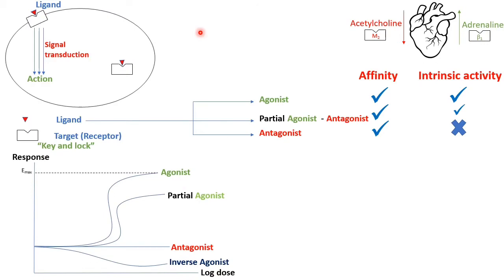So if we have a certain receptor that increases heart rate, when this inverse agonist is bound to the receptor, it causes a decrease in heart rate. We wouldn't talk too much about this type of ligand, we would just like to know that there is a ligand that is called an inverse agonist.